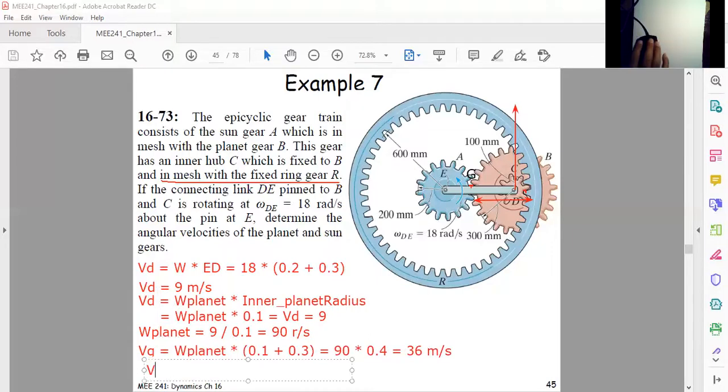So the velocity of G is equal to omega of the sun, because it also belongs to the sun, multiplied by the radius of the sun, which is 0.2. And this is equal to 36, right?